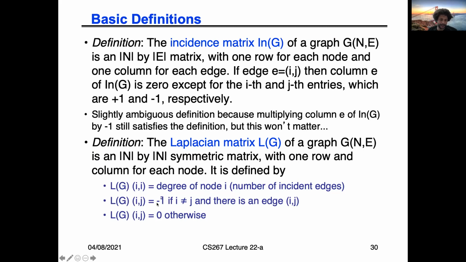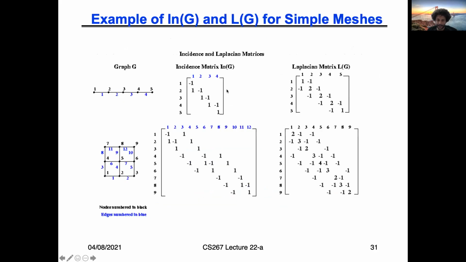So it's almost like an adjacency matrix, except that the only entry is -1 in off-diagonal entries, and the diagonals are the degrees. You can define this as a multiplication of the incidence matrix with its transpose, but no need to go there, frankly. You can just define the Laplacian directly.